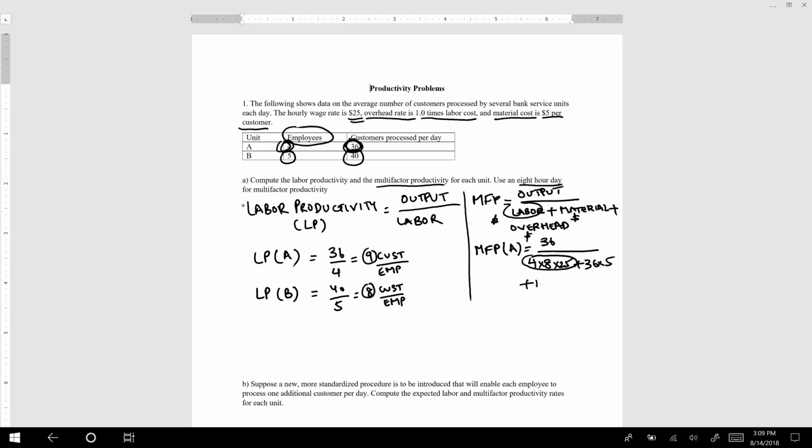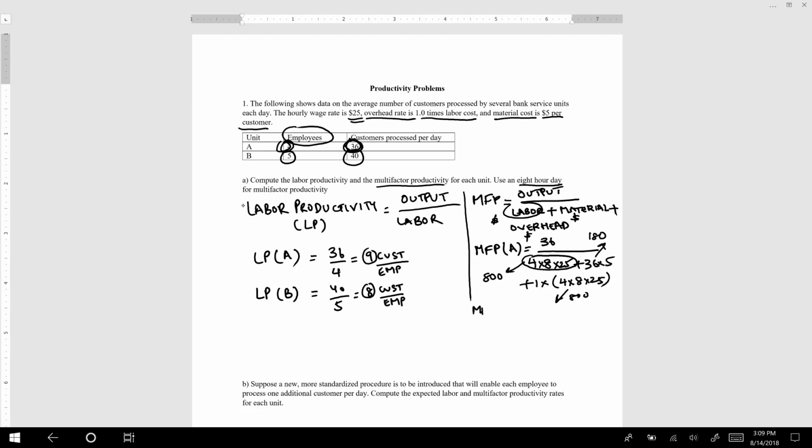So the overhead cost will be the same, 1 multiplied by 4 times 8 times 25. If you calculate this, the labor cost would be 800, and then the material cost, which is 36 multiplied by 5, we are going to get 180, and this is 800.